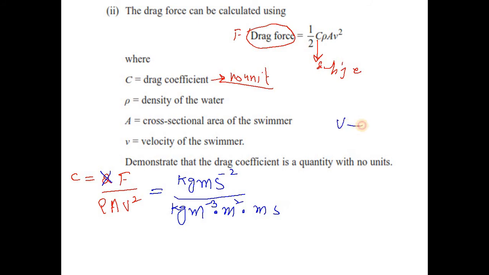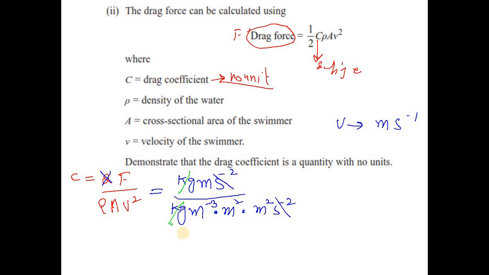So velocity unit is meter second minus 1, but in this case we have V square, so we have meter square second minus 2. Clearly you can see that second square and second minus 2 can cancel.